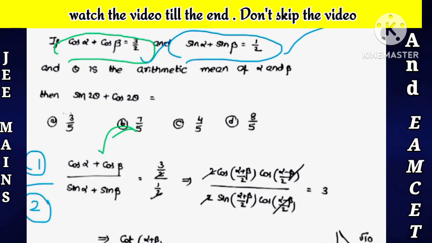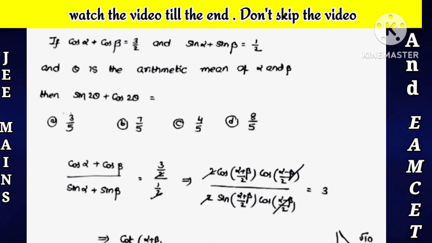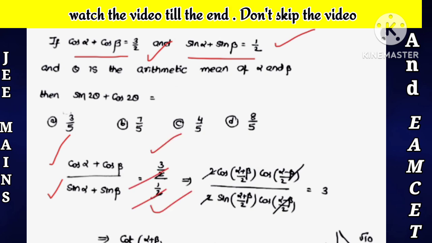That is, cos alpha plus cos beta by sin alpha plus sin beta is equal to 3 by 2 by 1 by 2. Understand all of you? Now here cut the 2 and 2 in the denominator.